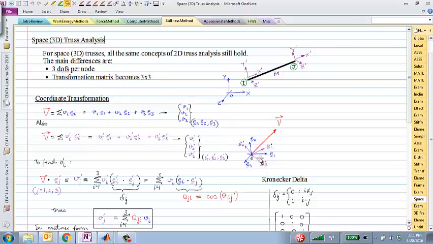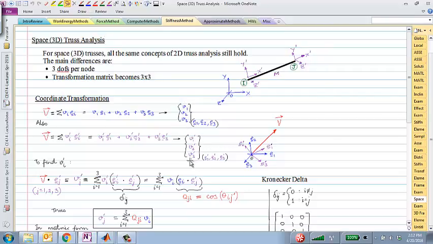It would have three components in both of these coordinate systems. In the global, I would have, say, components v1, v2, v3. In the local coordinate system, it would have v1 prime, v2 prime, v3 prime. They are both mathematical descriptions of the same vector, but in two different coordinate systems. The problem is, how do I relate these components to these components?